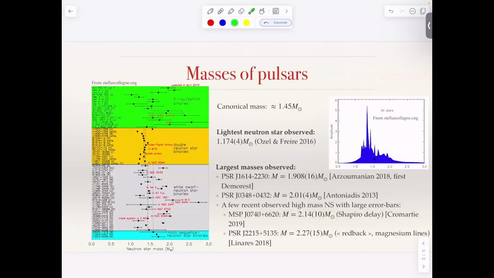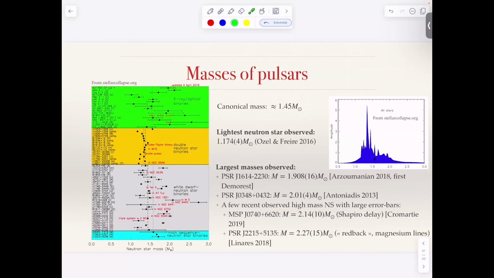Okay, so we spoke about masses of pulsars, and what I show you here is a compilation from Jim Lattimer about a set of stars.